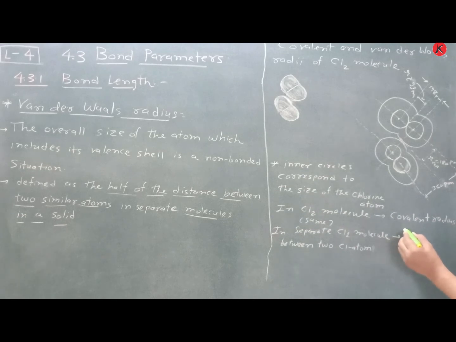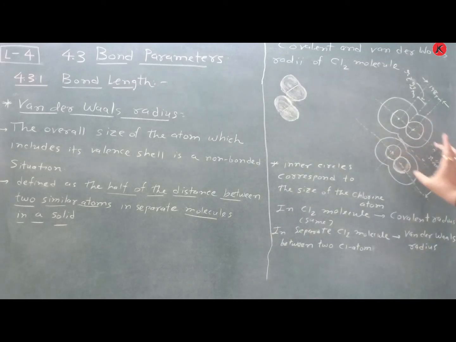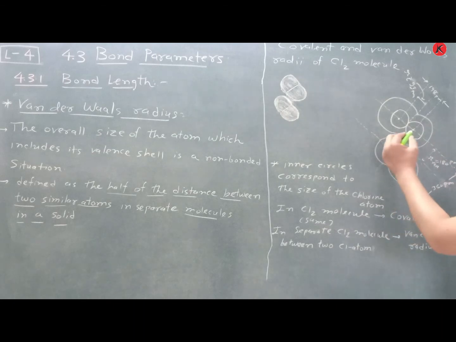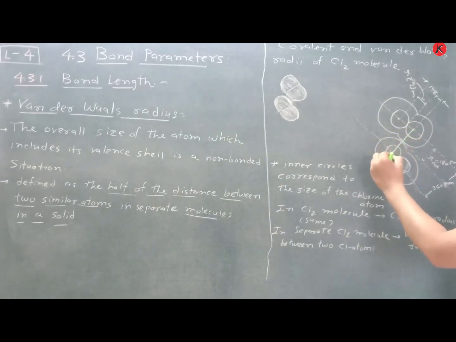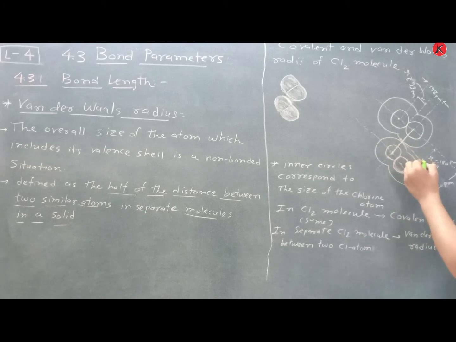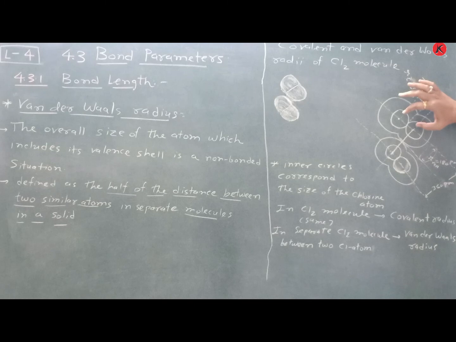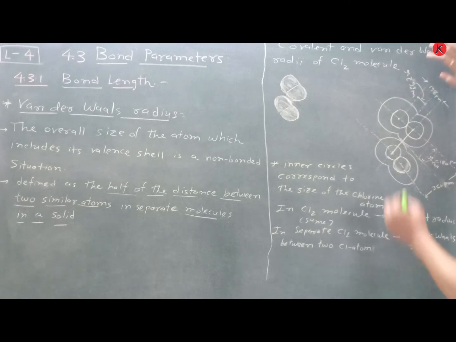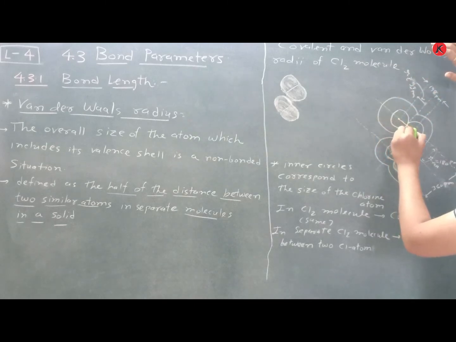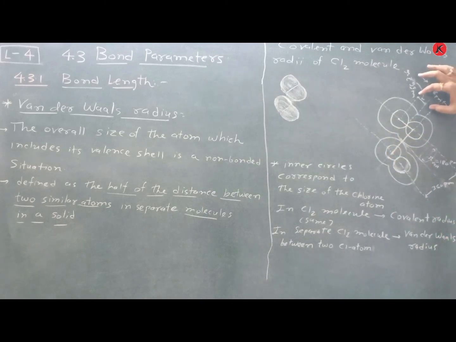At that time van der Waals radius is observed. Half of this distance is known as van der Waals radius. In the same Cl2 molecule, half of the distance between the two atoms is known as covalent radius.